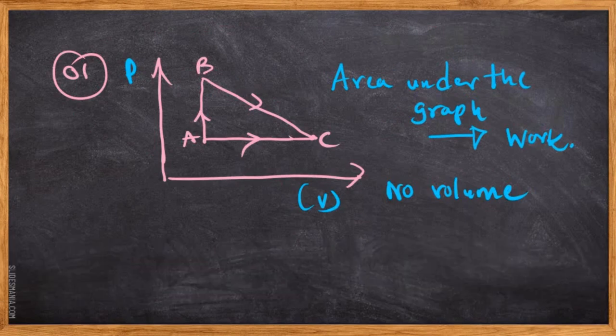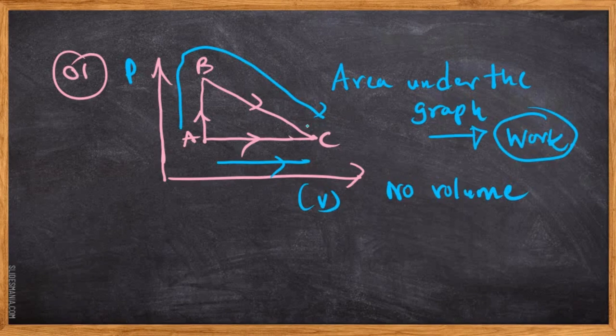In PV diagrams, you can see they are giving us from state A to state C. The question is the gas is changing from A to C, and there are 2 paths. In these questions they are asking us to find the work done from the A to C path or the A B C path, in which path the maximum work is done.